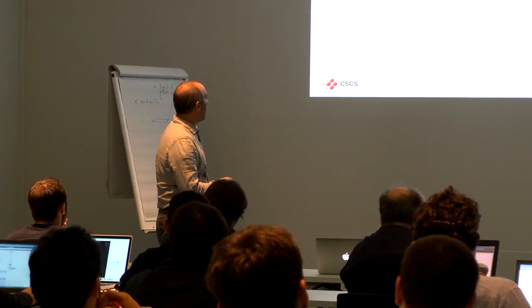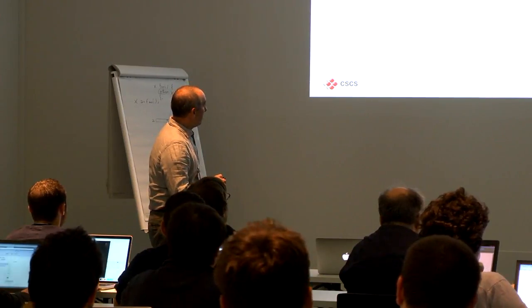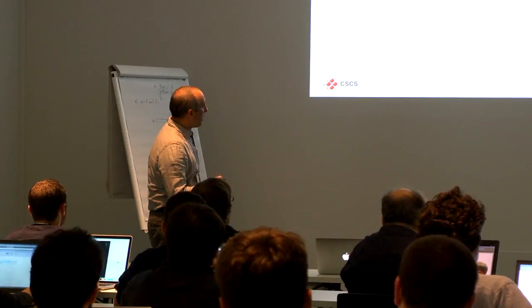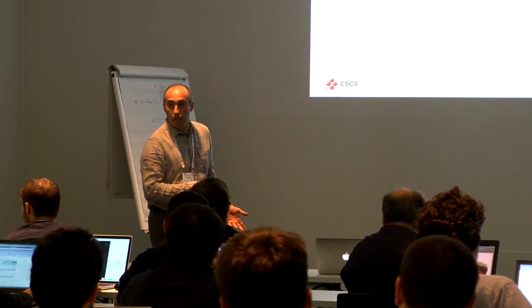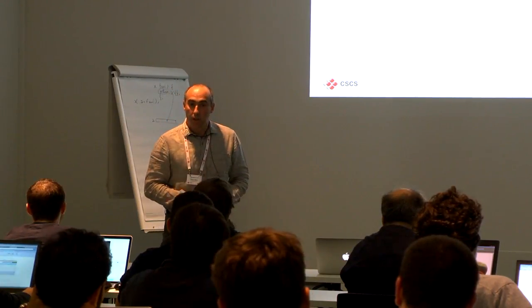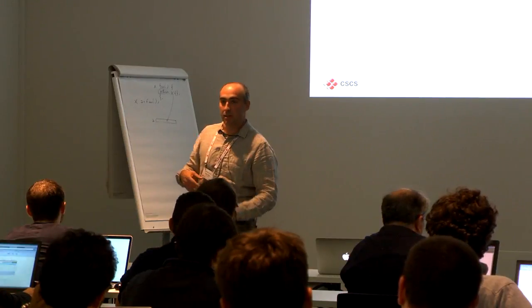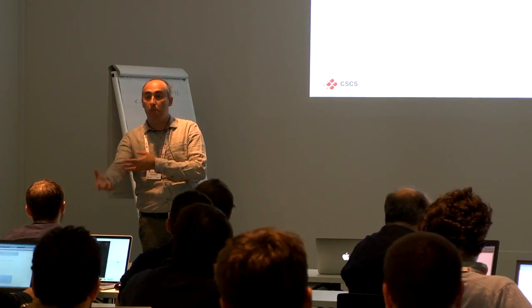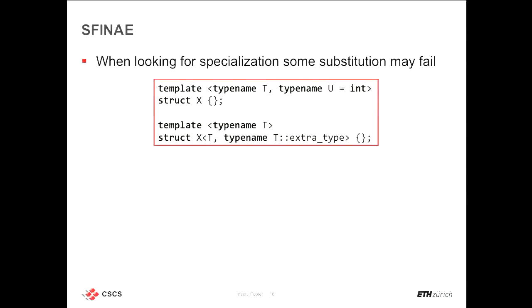For instance, in this case, we have a specialization that takes a type T and requires as a second template argument, instead of int, or instead of whatever, we require T::extra_type. A T::extra_type is a type member of T. Right? So T has to have a typedef inside, which is called extra type.